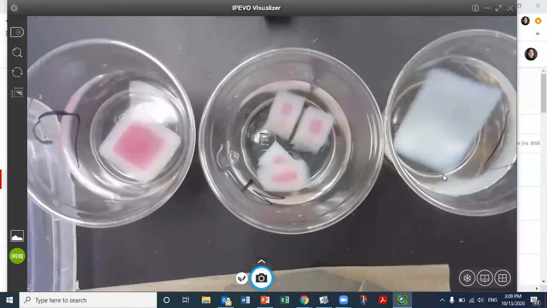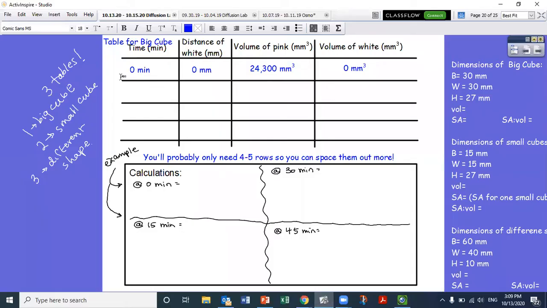So let's do some calculations then, because we have a set of data to work with now. So when you have your 10-minute time point, our diffusion depth we decided and measured was 5 millimeters. Okay.